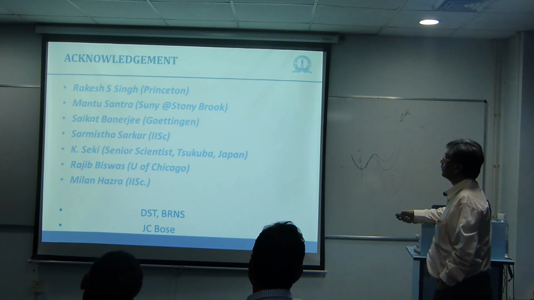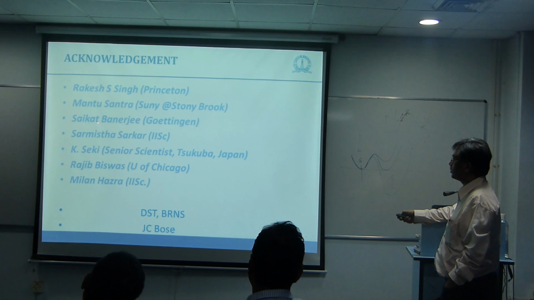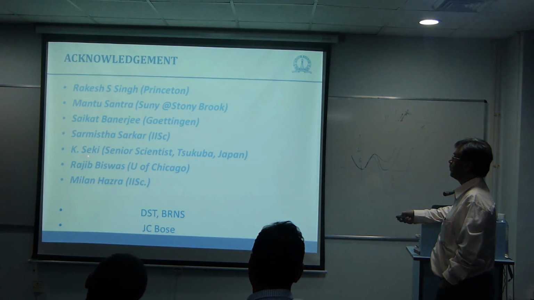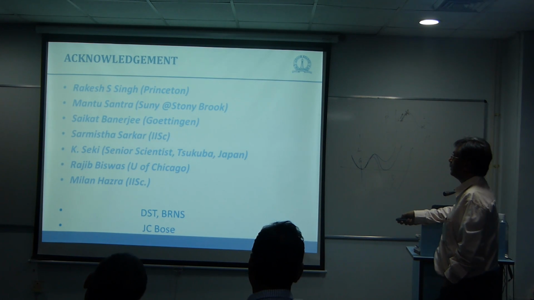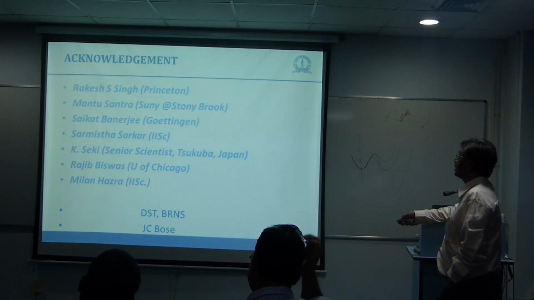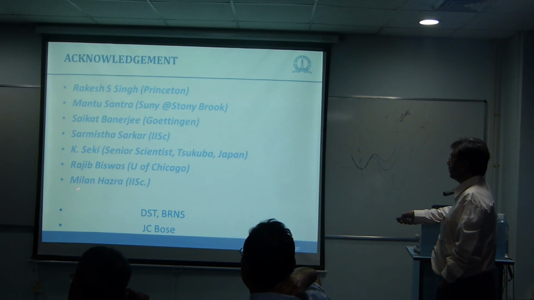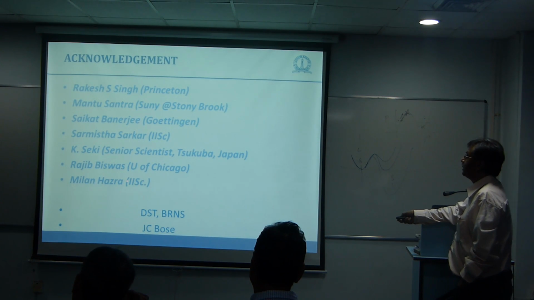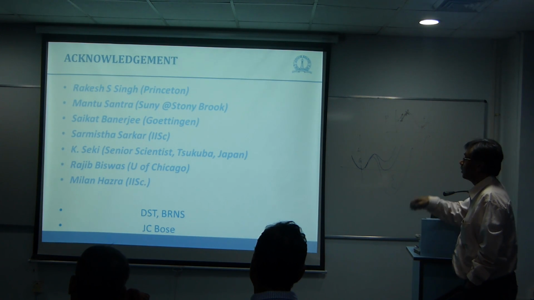Soika and Rakesh did this oblique, the Martinis-Bench model. Seki-san did some work on the rugged energy landscape. Several papers have been written. Rajiv worked on the polydisperse systems, and Milan Hazra and Somister did the spinodal decomposition. Milan is still a fourth year student. These last graphs that I showed are done by Milan and Somister on the spinodal decomposition.